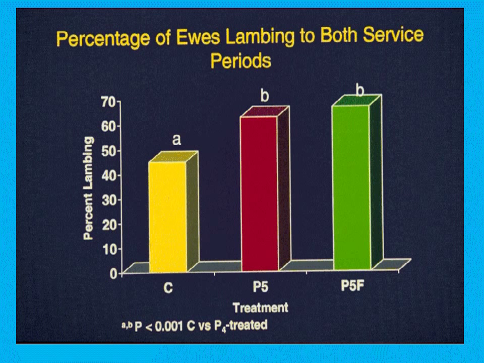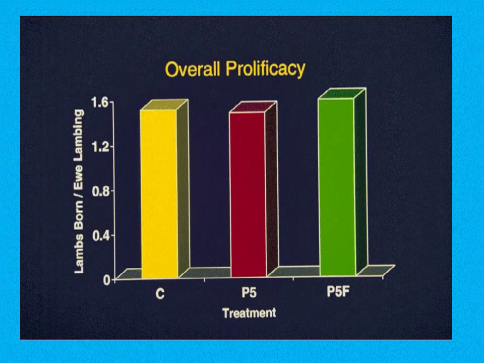Progestin for 5 days, 70%. Progestin and FSH, about 70%. So the FSH is not really doing us any good. And I'll show you one more study with FSH a little later. Overall prolificacy here, 1.6. Same way. FSH isn't doing any good for that either.